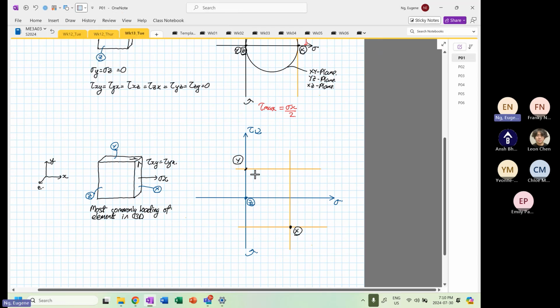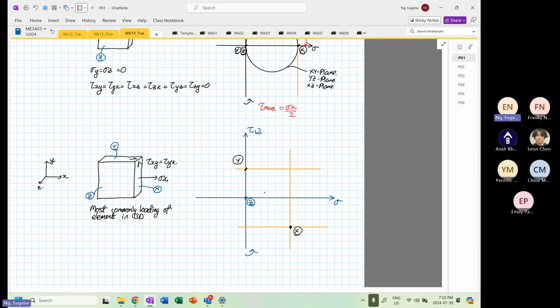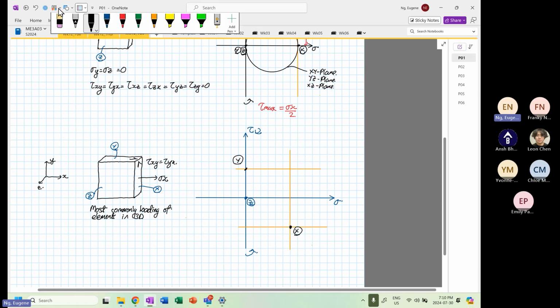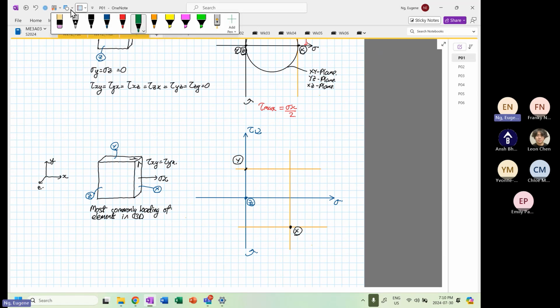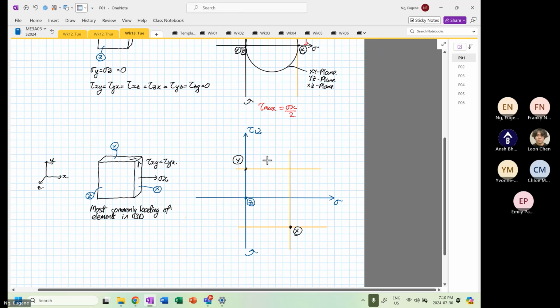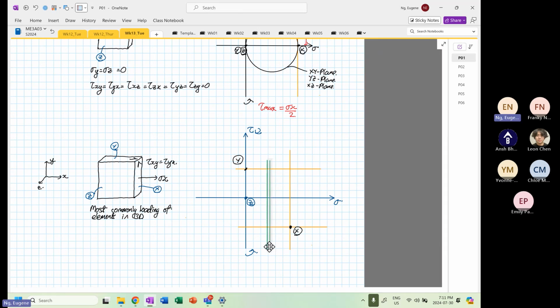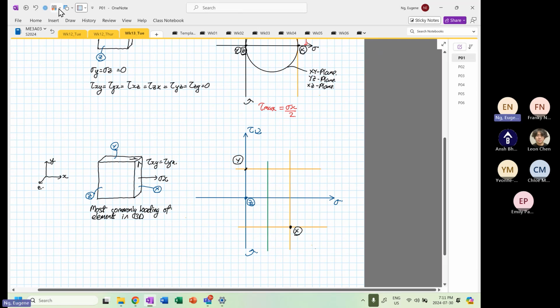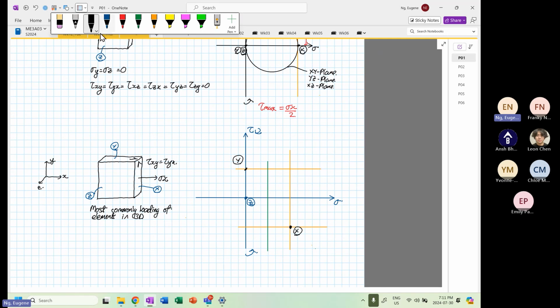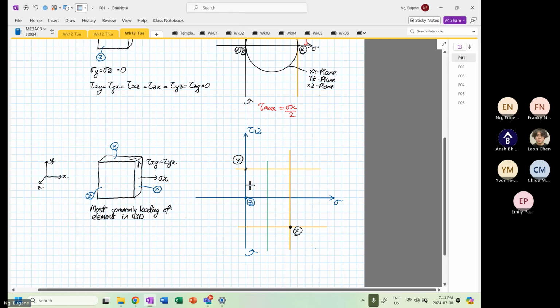So now we can draw a circle, and this circle center. Hold on, let me draw where the stress average is first. So if this is our stress average line, then I can construct a circle.